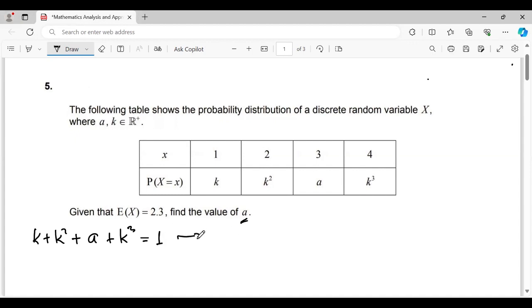So I'm going to arrange this equation as a equals 1 minus k minus k squared minus k cubed.